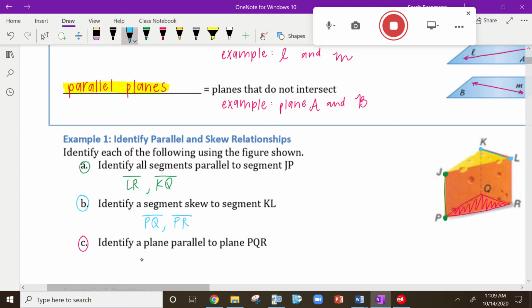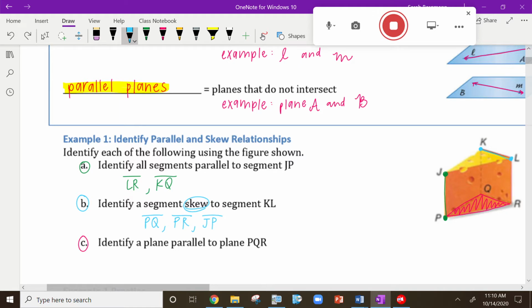Finally, the last option is segment JP. So for skew, you have to look, when is it not coplanar and it does not intersect? So we cannot use QR because it's on the same plane as segment KL. So it's called a parallel line to KL, not a skew line.